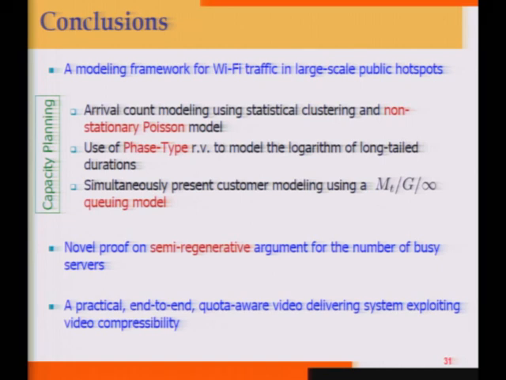In the third, we used M/G/infinity queues to get the simultaneous number of customers in the system. The highlight was a novel proof using the regenerative argument for the M/G/infinity queue. And the second part was a practical end-to-end system for quota video delivery. And that's it.